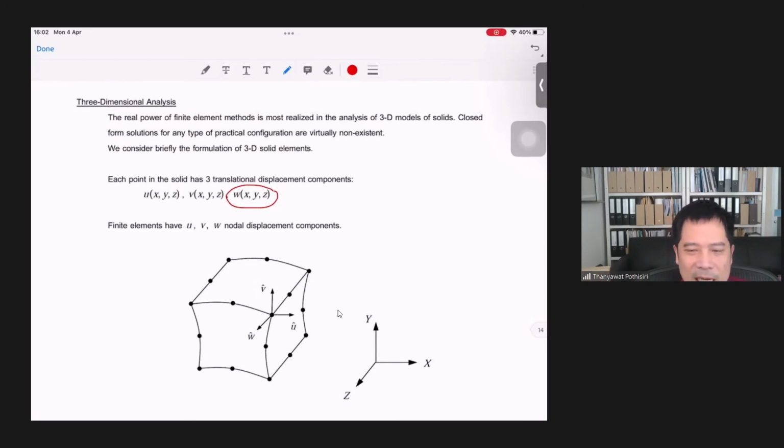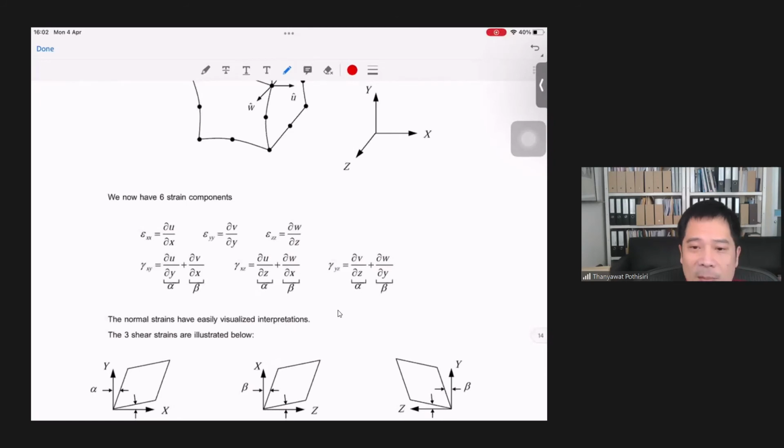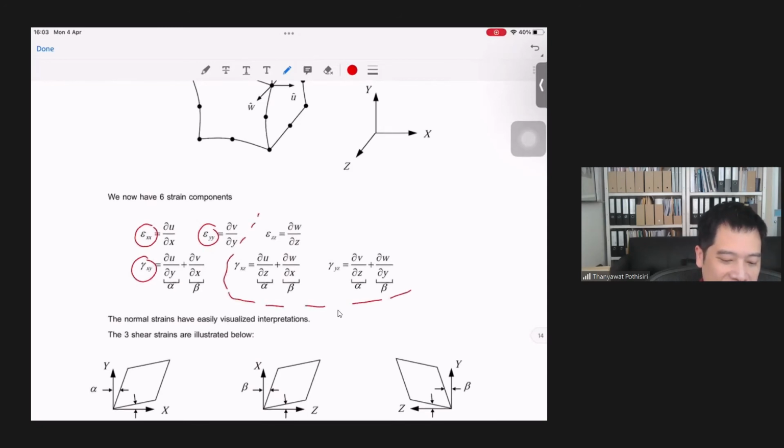So now in addition to only u and v function, you would also have a w function to represent your displacement in z direction. Now, along with an additional displacement field, you will see that the strain components would also increase, right? So instead of having only epsilon x, epsilon y, and gamma xy, you would now have three additional strain components to deal with.